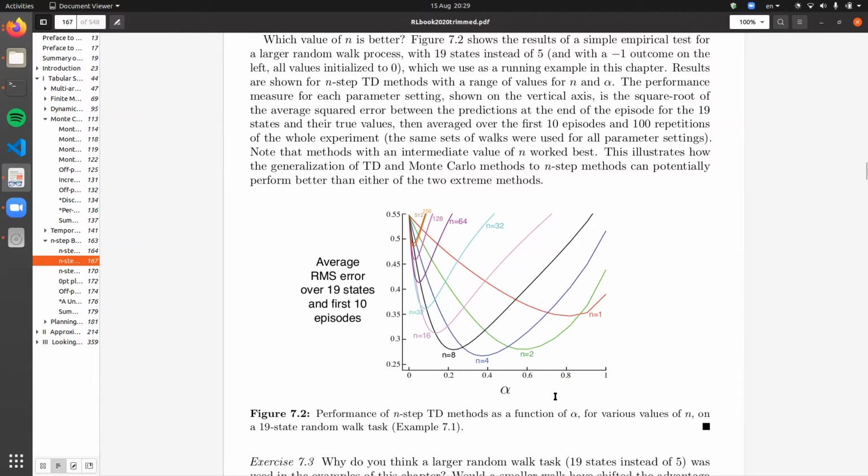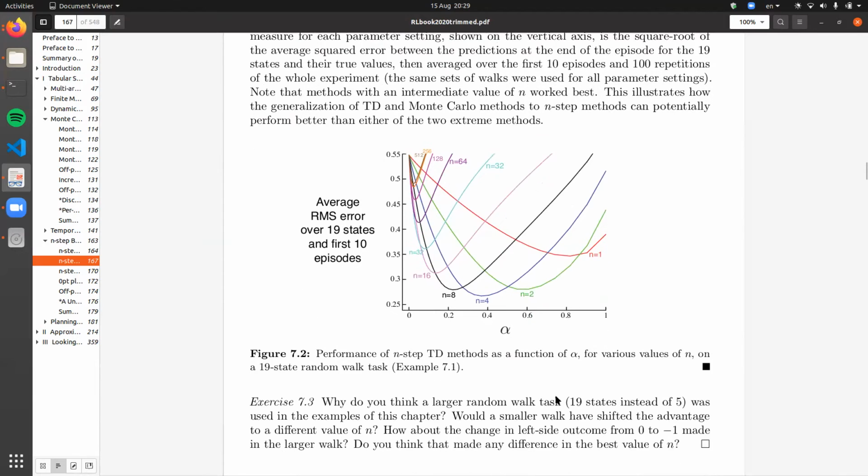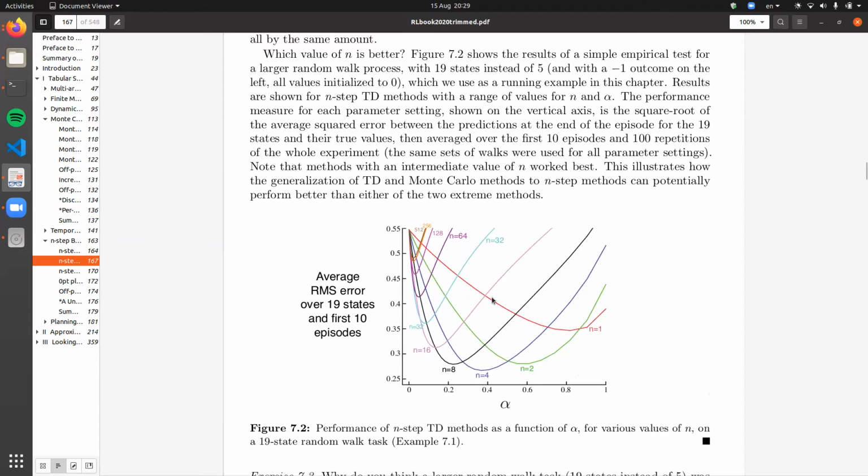And why do we do that? Because we want to demonstrate how n-step bootstrapping works, and it wouldn't make that much sense if our experiences are rather short on average.